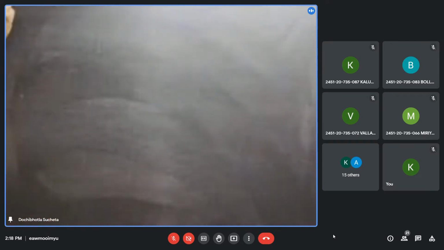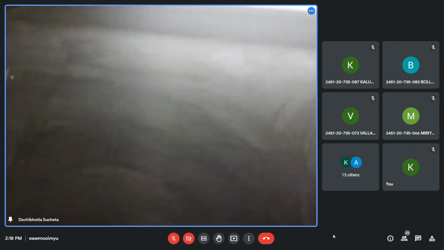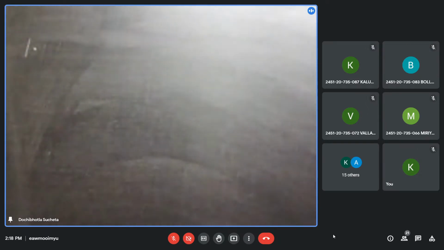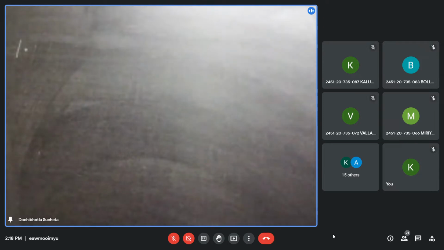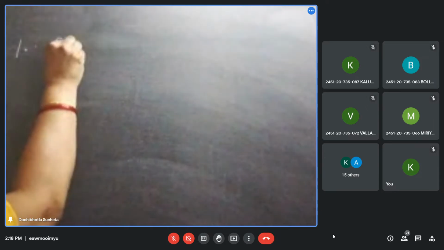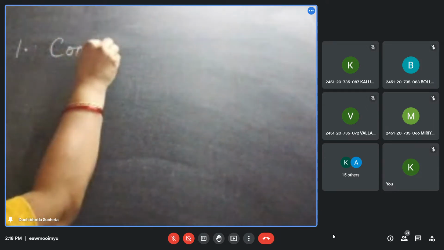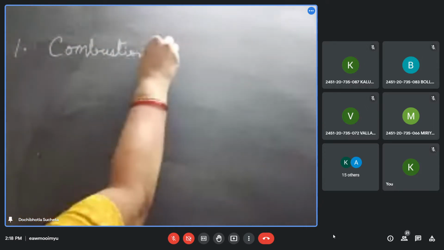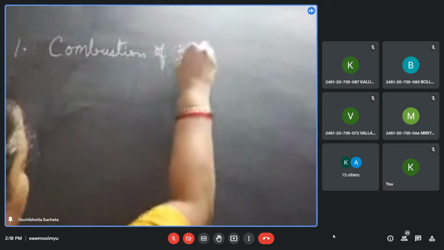Now take down the first numerical. Calculate the weight and volume of air required for combustion of 3 kgs of carbon.